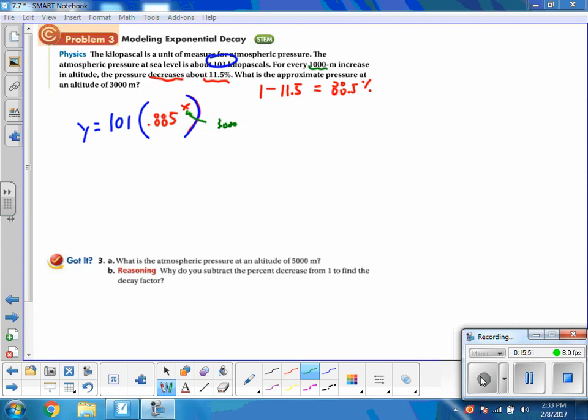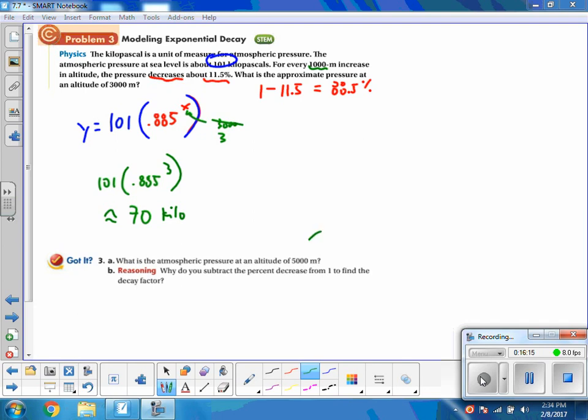So with the 3,000 increase, it's actually just 3 that's happening there. So I've got my equation to the third power. If I simplify this whole thing, I'm going to end up with about 70 kilopascals.